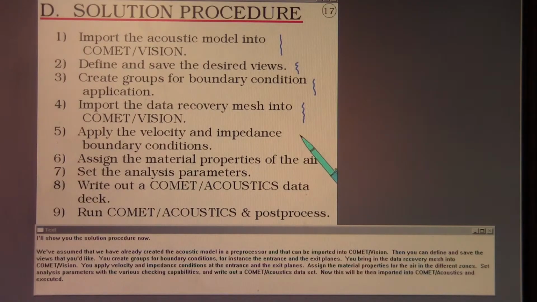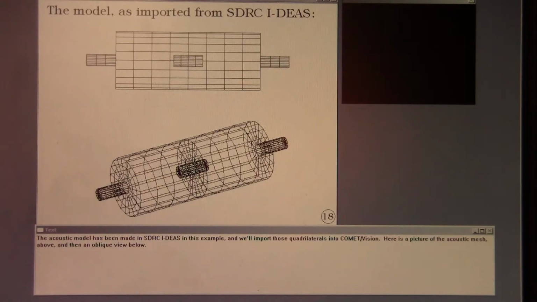You apply velocity and impedance conditions at the entrance and exit planes. Assign the material properties for the air in the different zones. Set analysis parameters with the various checking capabilities. And write out a Comet Acoustics data set. Now this will be then imported into Comet Acoustics and executed.